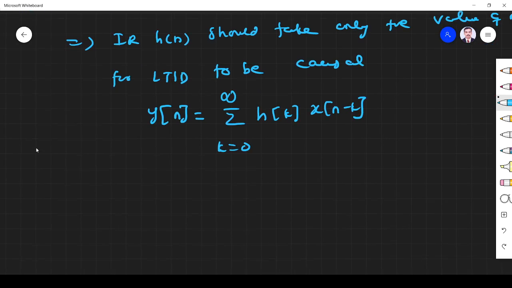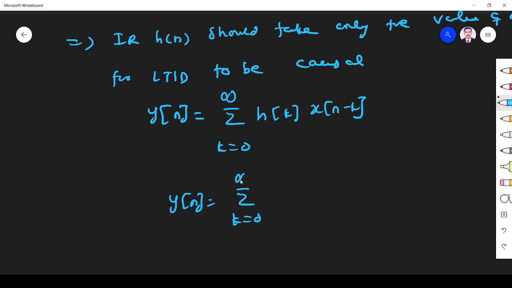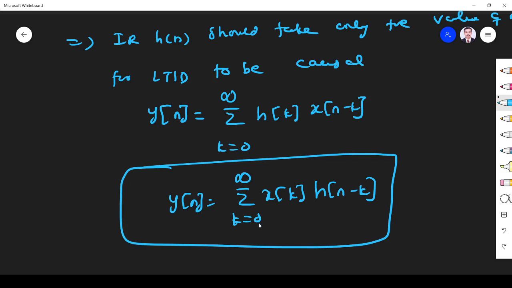As per the commutative property, you can write y of n as summation k goes from 0 to infinity x of k h of n minus k. For any LTI system, k varies from minus infinity to plus infinity, that's the convolution equation. For a causal LTI system, k should go from 0 to infinity. That is, k should take positive values here.